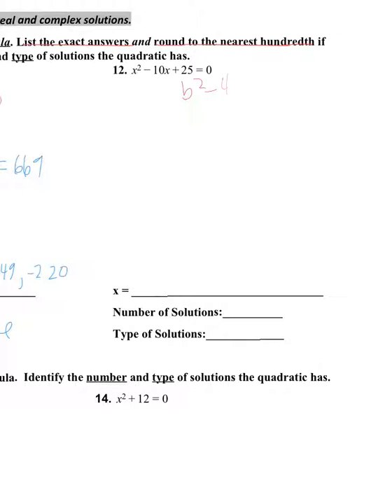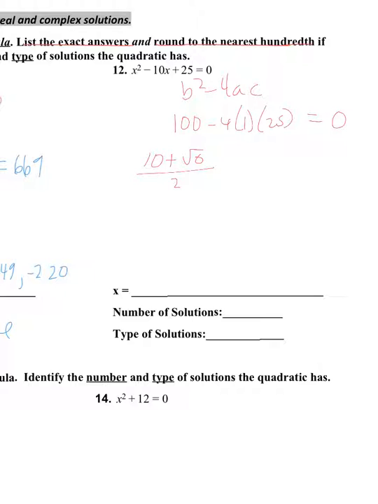Alright, here we go. B squared minus 4AC in this case is going to be 100 minus 4 times 1 times 25. Oh, look, 4 times 25 is 100. I'm going to subtract it, so my discriminant equals 0. So I'm going to have the opposite of b, which is actually a positive 10, plus the square root of 0 over 2.